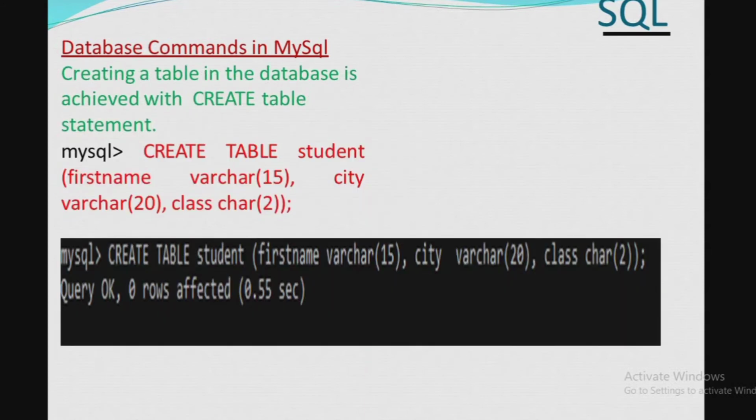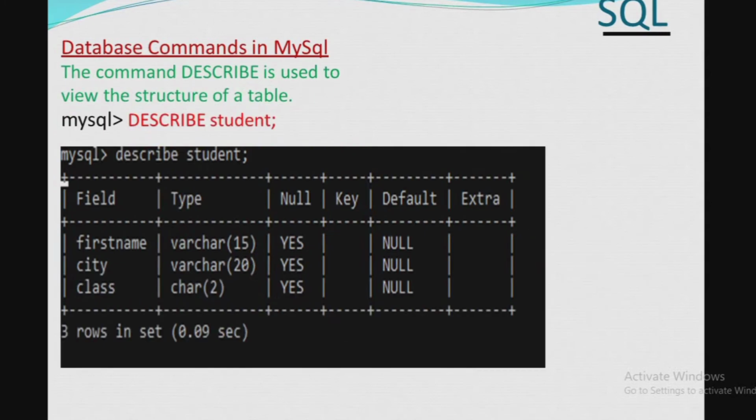As I have discussed, now we can create tables inside the database. To create a table, the syntax is create table, table name. Within bracket, we have to write field name with data type. Now, as table is created, we can describe the table.